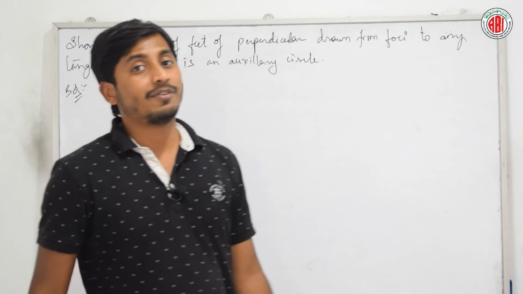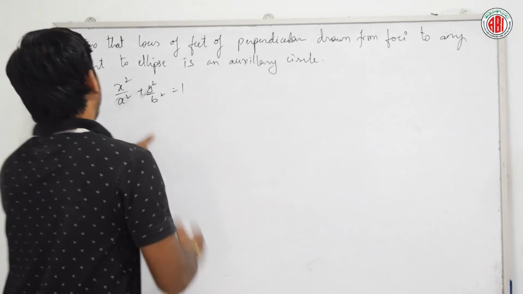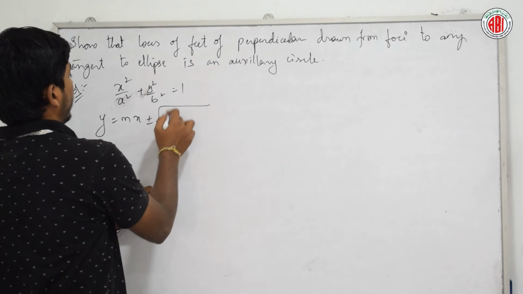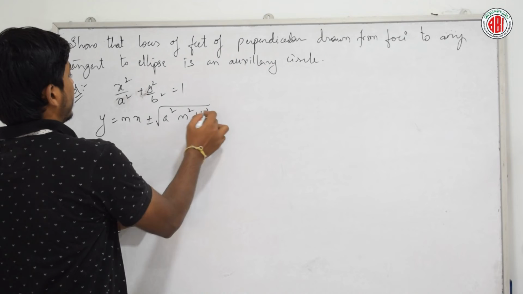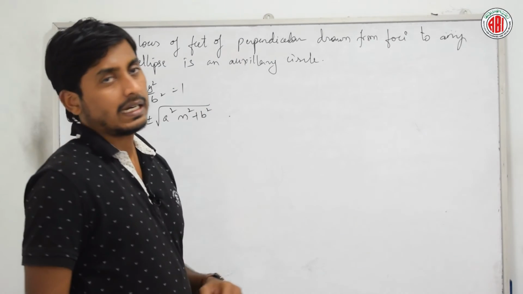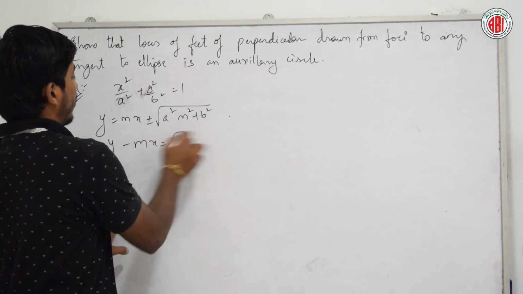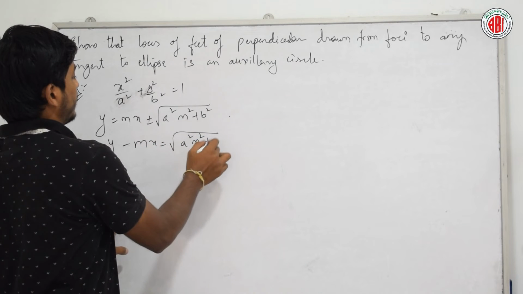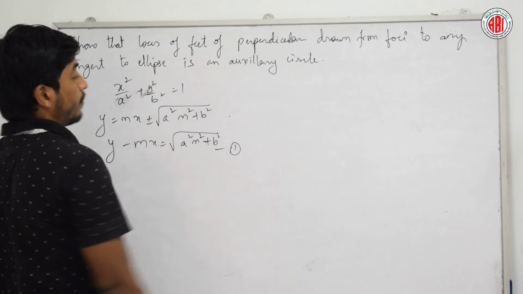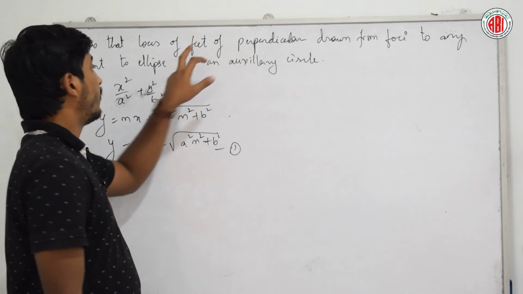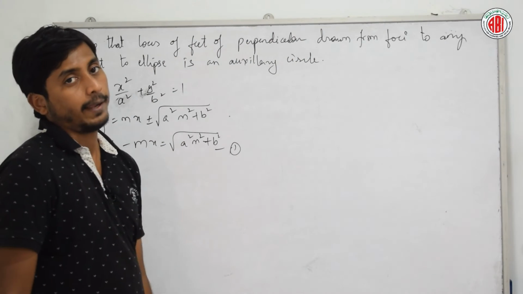Now just tell me what is the equation of tangent. Let us assume the standard form, y is equal to mx plus or minus under root of a square m square plus b square. So let me write it as y minus mx is equal to under root of a square m square plus b square. Okay. Fine.